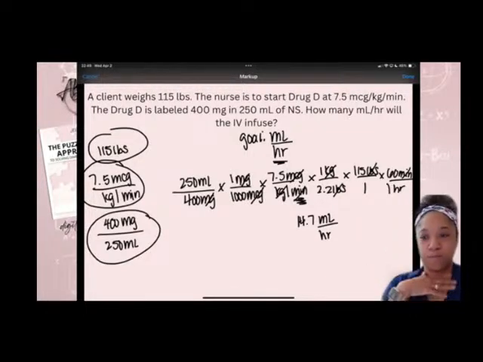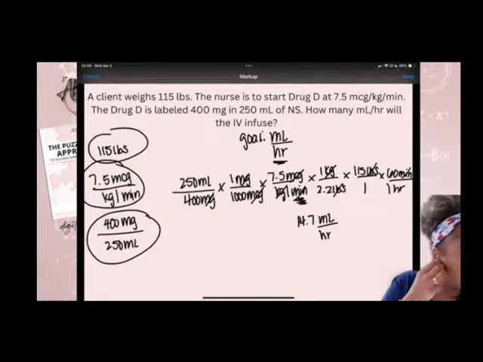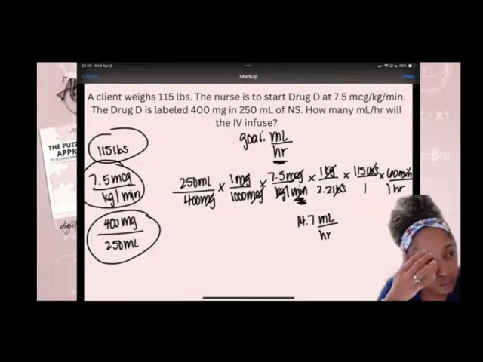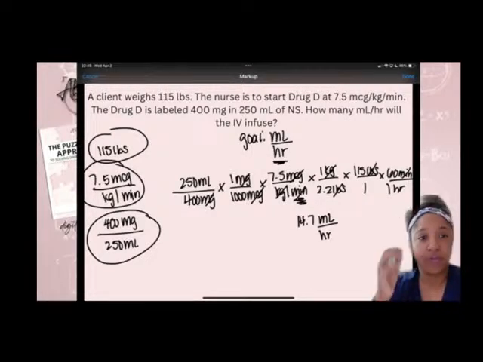Alaris pumps. When it doesn't specify for you to round to the tenth, do you? Okay, I think I just answered that, Janelle. Teresa, yes, it's true. The weight problems are always rounded to the tenth place. So it's different for different people. That's why I said, it's hundreds of nursing schools and everybody is different.